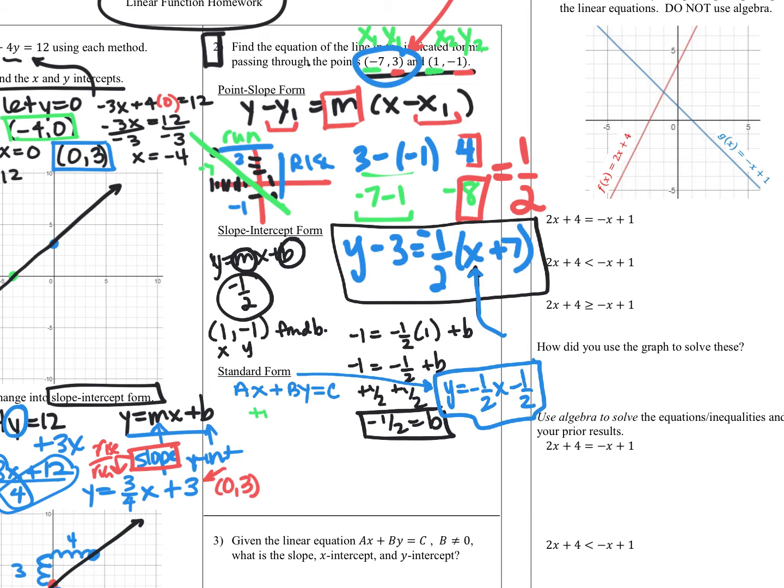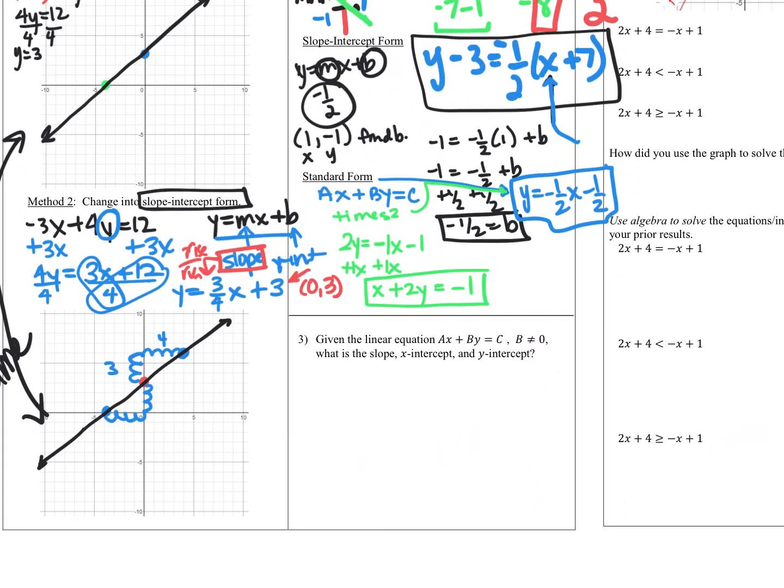If I multiply everything by 2 in that equation, that would be 2y equals -1x, because it would make that 2 in the denominator cancel, and then -1. I need to have my x and y on the same side, so I'm going to move the x over. And really that's x plus 2y equals -1. So again, that's the standard form for that equation.